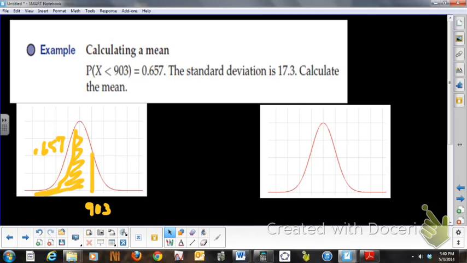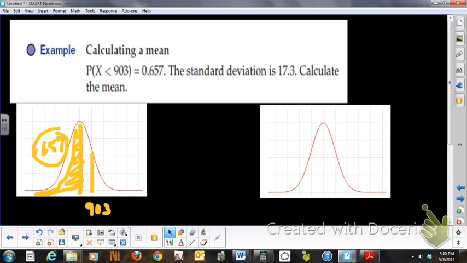If 903 is our boundary, the probability that a value will be less than 903 is 0.657. That's given. And we want to find out what the mean would be in that situation. What would the mean have to be?